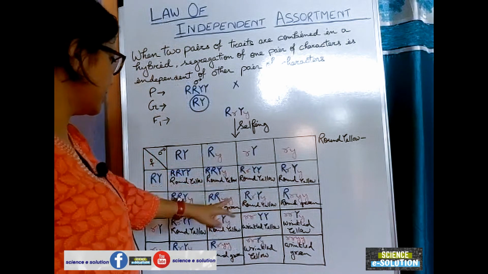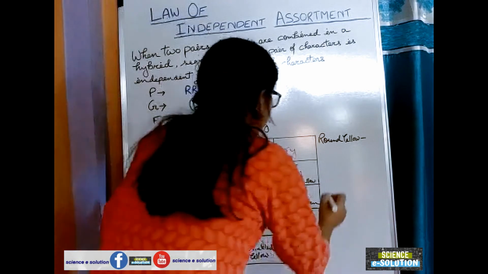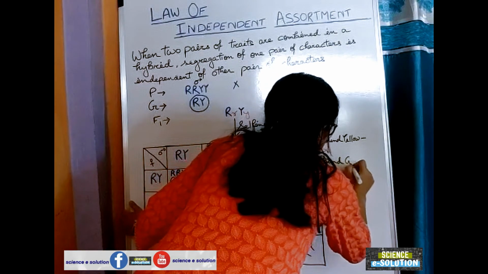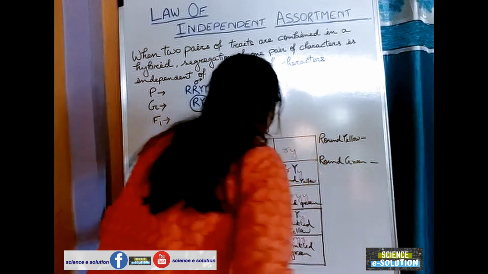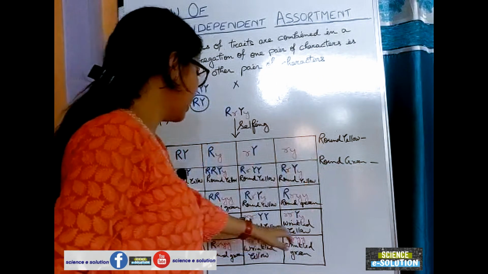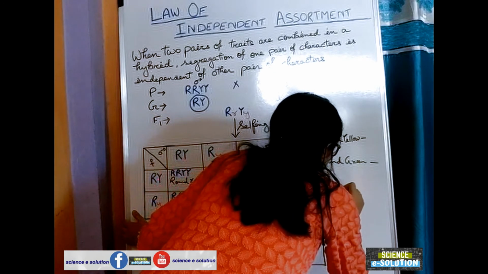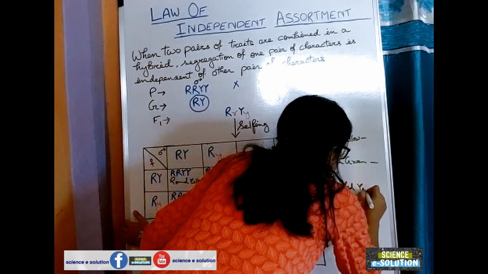The first type is round yellow. The second type we get is round green. The third type is wrinkled yellow.